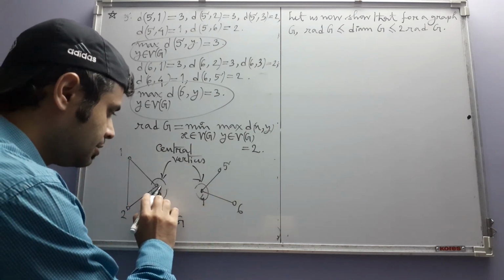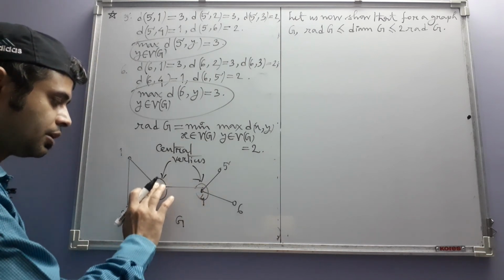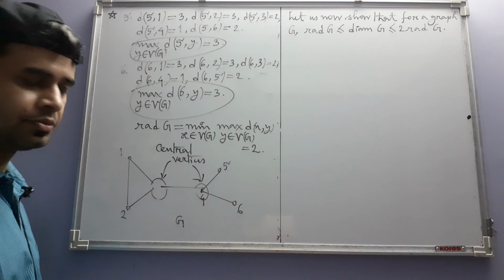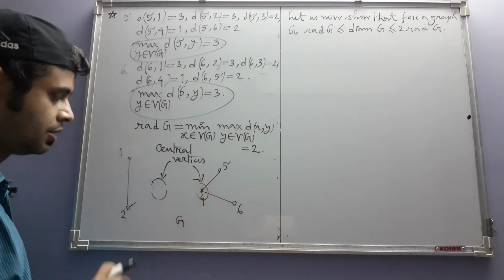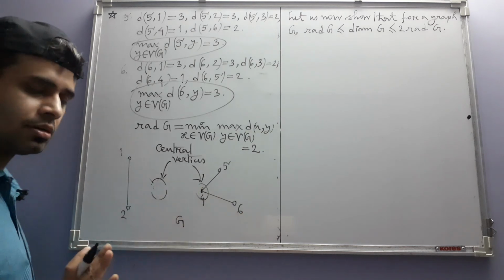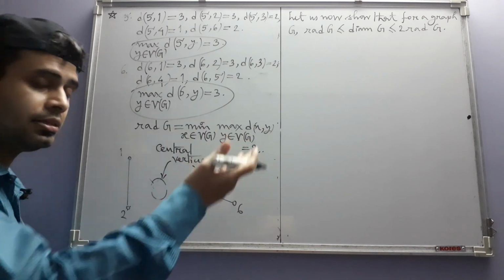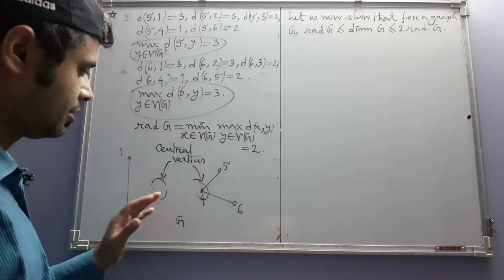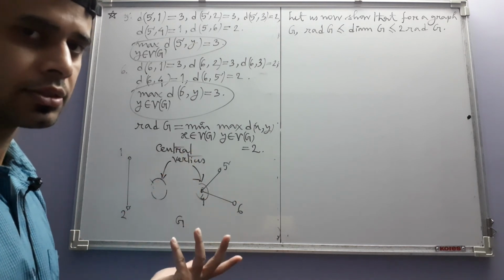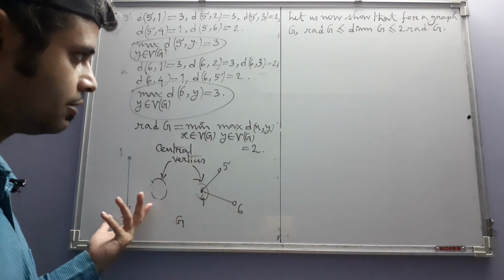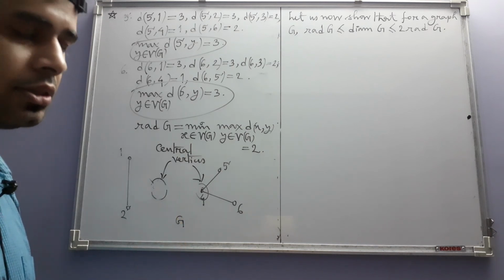Just like that, if instead of removing this edge, we remove the vertex 3, then of course the edges incident with 3 will also get removed. We will then be left with this graph. So that also increases the number of connected components. So that is a cut vertex. Such things will be treated in the next section, and in the next video we will try to finish this section, which has only a few more things.